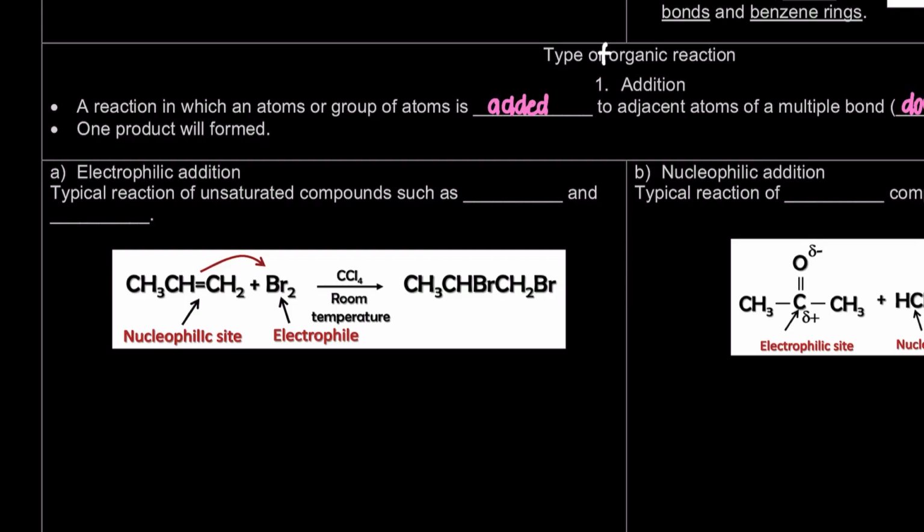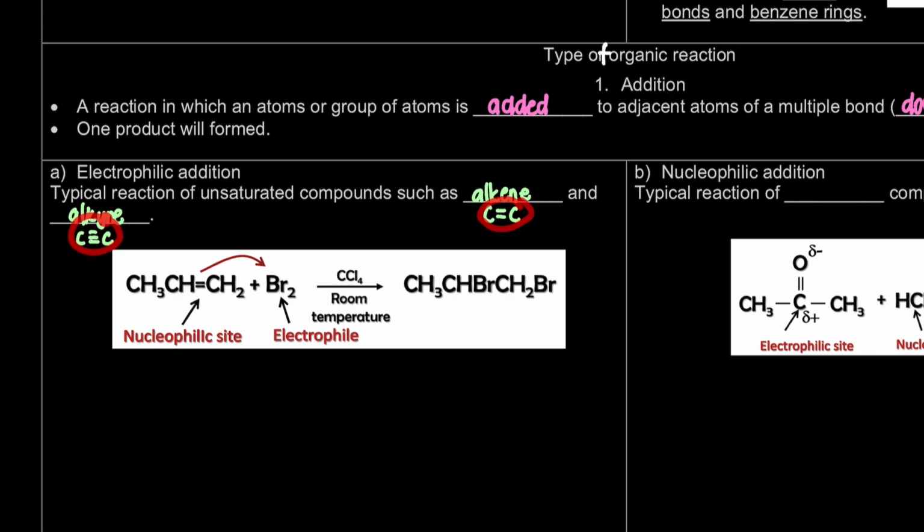Electrophilic addition is a typical reaction of unsaturated compounds such as alkene and alkyne. Alkene is where we have a double bond between 2 carbons, while alkyne is where we have a triple bond between 2 carbons. In this addition reaction, we add to the double bond or the triple bond.